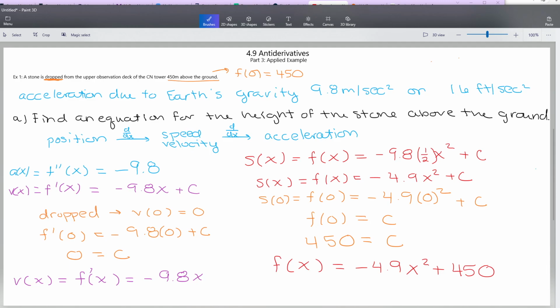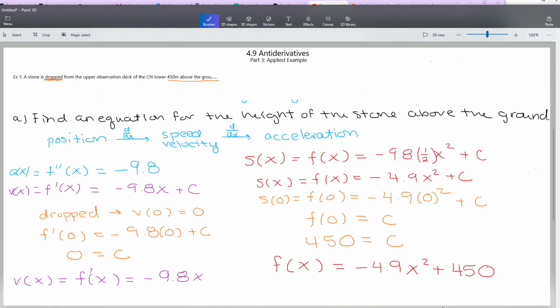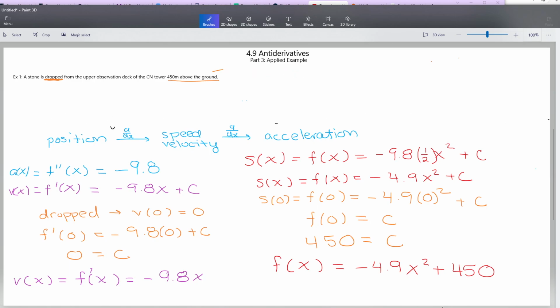All right. So I am going to go ahead and copy down those 3 functions that we found out. And then we're going to go ahead and answer parts B and C of this question. So we have the acceleration function, which is the second derivative, being minus 9.8.